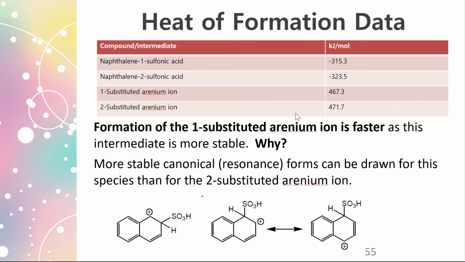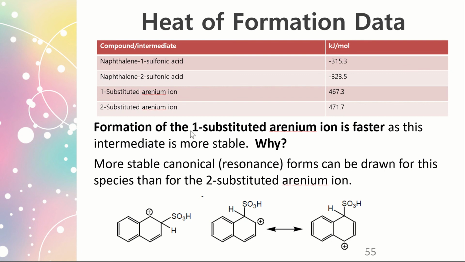And then we're looking at the areneum ion, also seeing some differences there, 471 versus 467, right? So that gives us some insight, from an energy perspective, between the areneum ions as well as the final product.